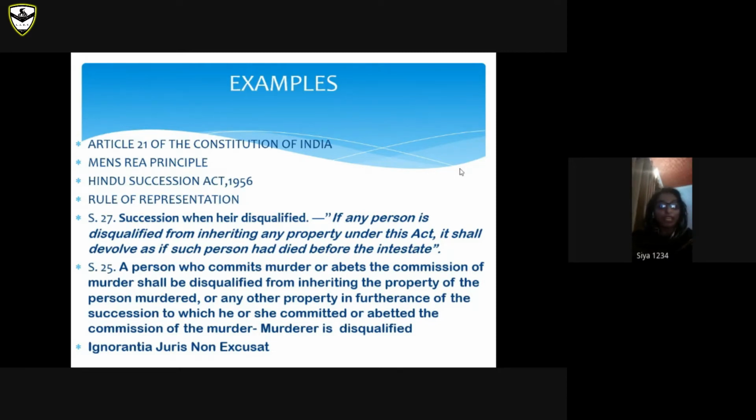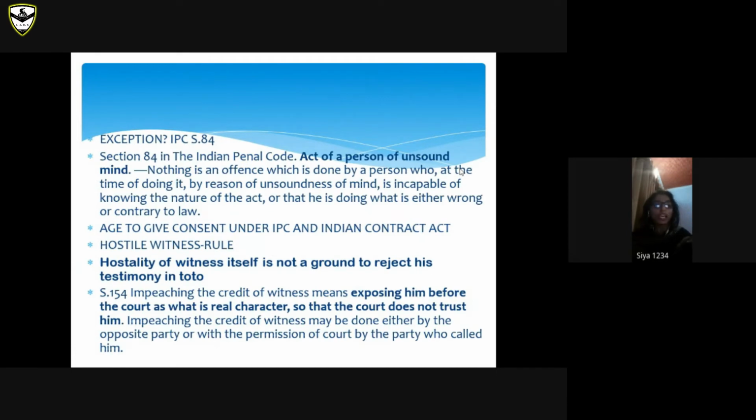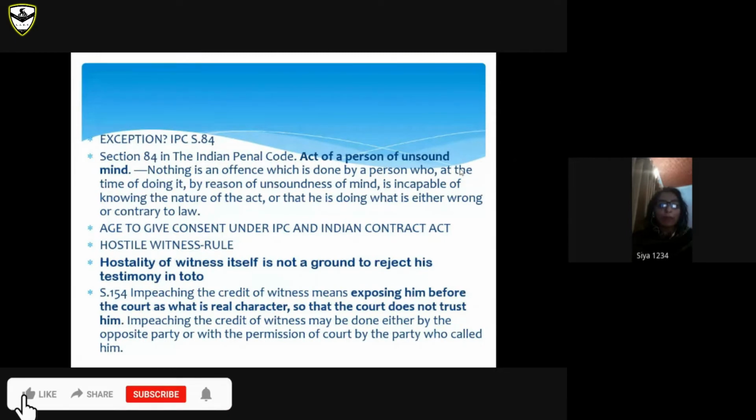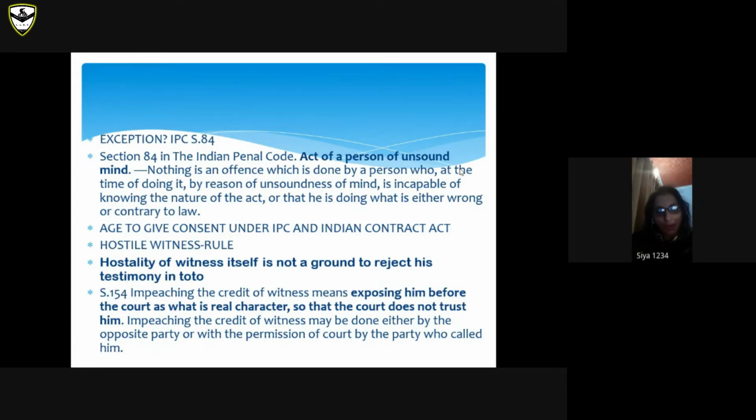When it comes to insanity, according to section 84 of IPC, nothing is an offense which is done by a person who, at the time of doing it, by reason of unsoundness of mind, is incapable of knowing the nature of the act, or that he is doing what is either wrong or contrary to law. Because of madness, if a person is unable to know that what he is doing is against law, then it is an excuse.